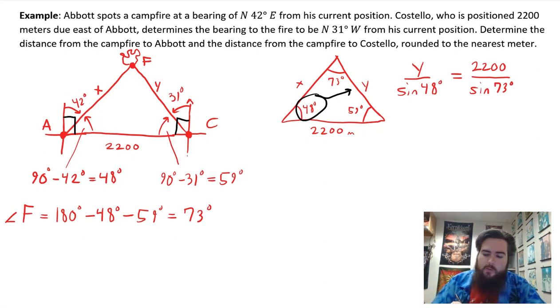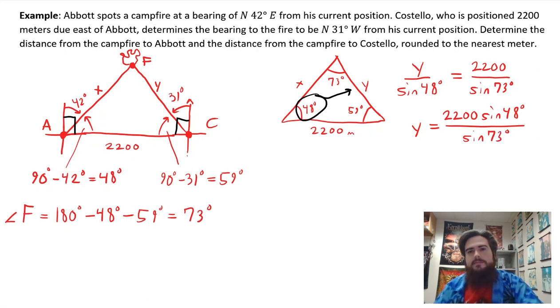All I need to do to get y by itself is multiply sine of 48 degrees over. That will give me y is equal to 2,200 sine of 48 degrees divided by sine of 73 degrees. And with that, I should be able to approximate y.